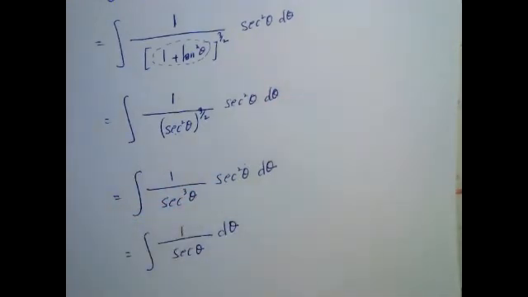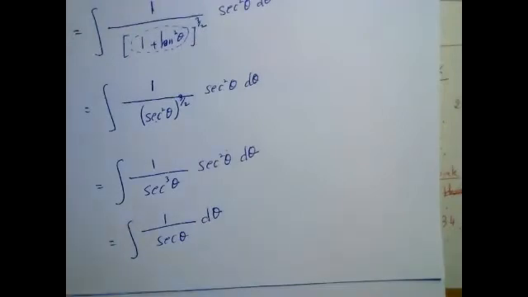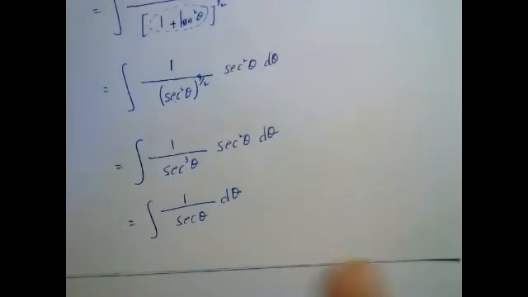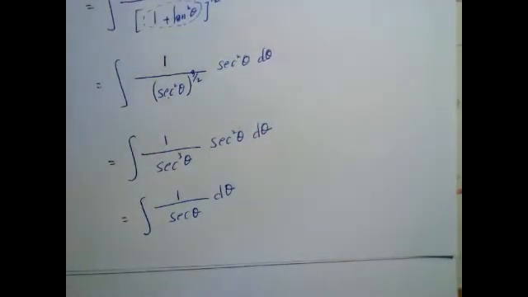All right, how should I proceed now? Idea, anybody? 1 over secant equals the ln of the secant of theta plus tangent of theta.